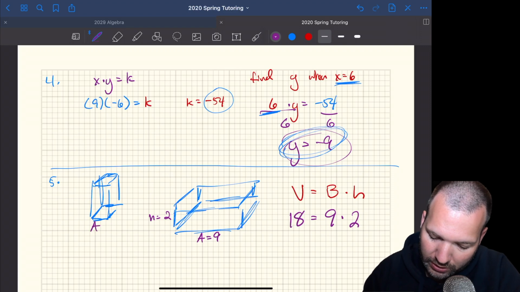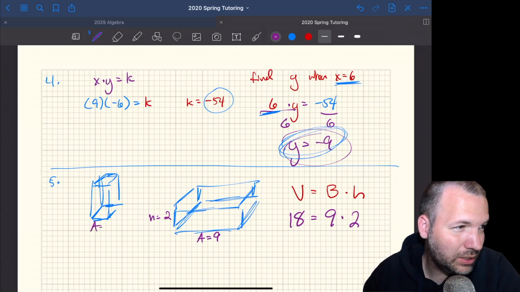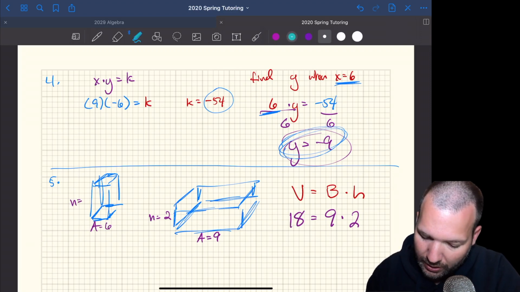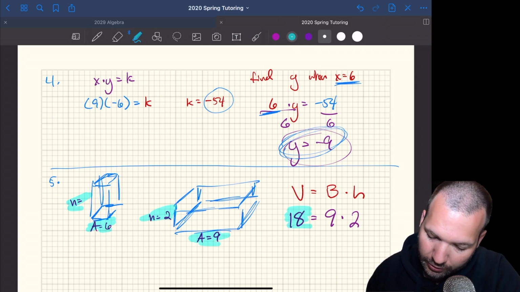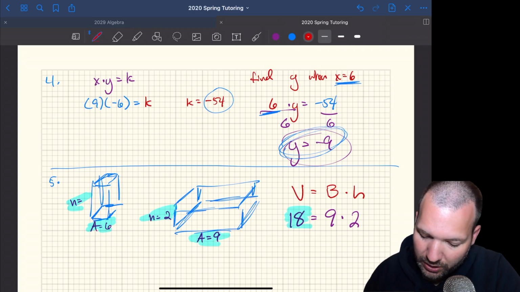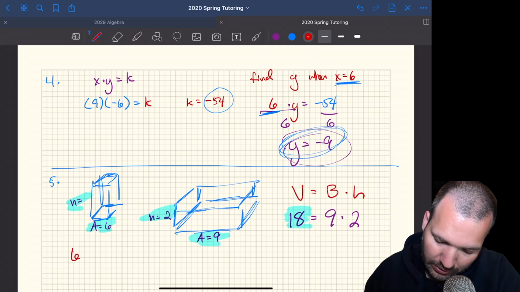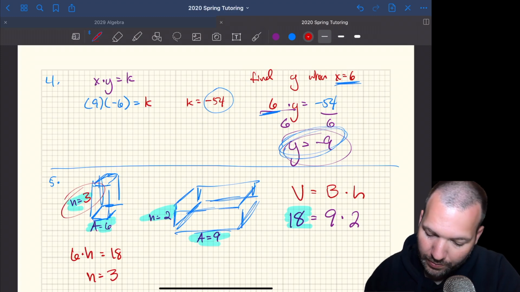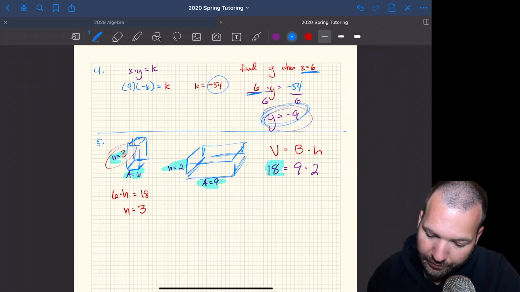Over here, if we instead let this area be 6, then what does the height have to be? Presuming once again that we are going to keep this with a constant volume of 18. So basically 6 times that height needs to equal 18. The height itself must be 3, and that's the answer for number 5.